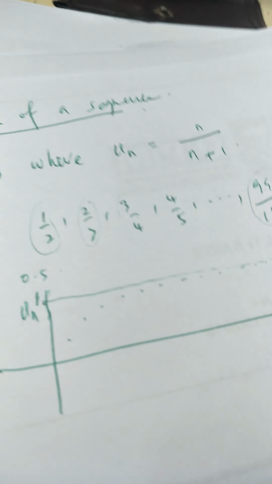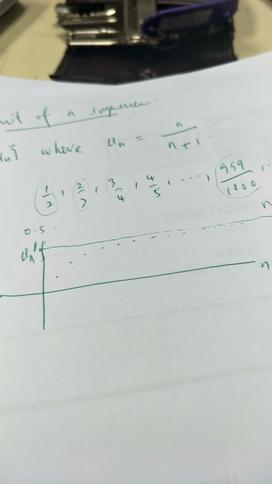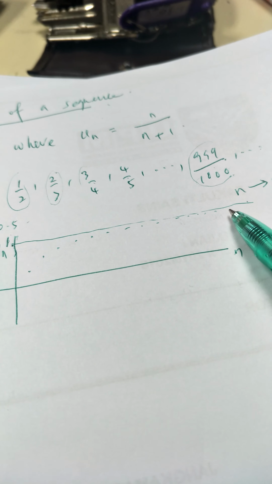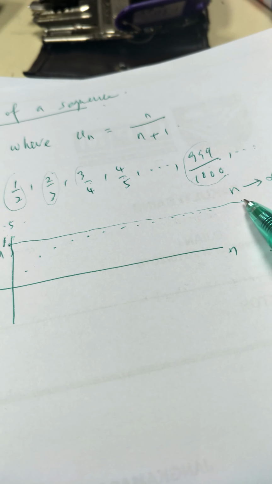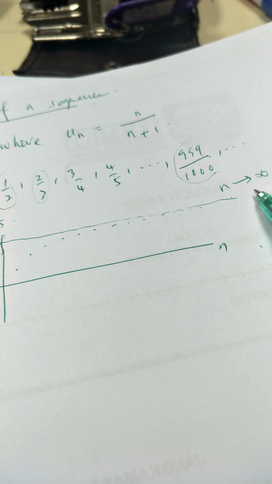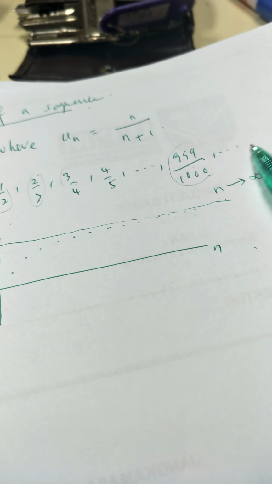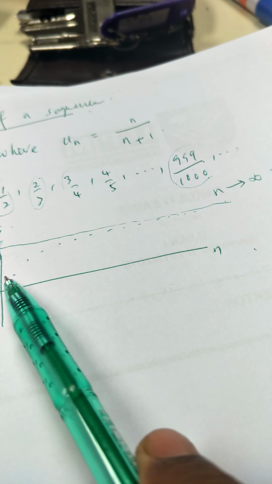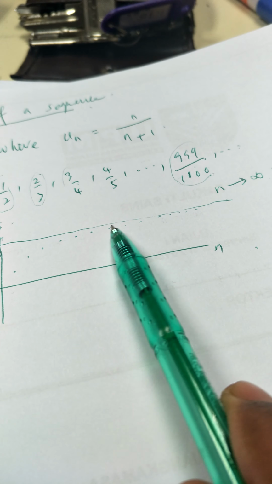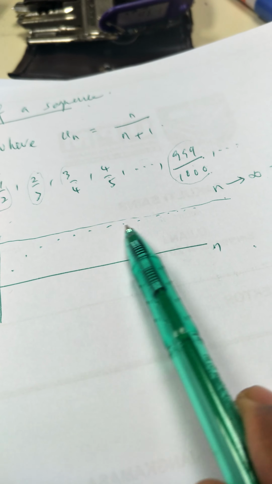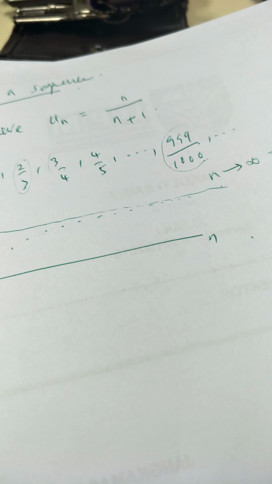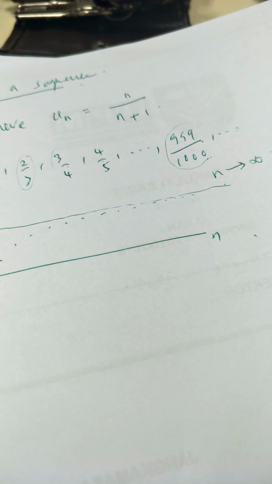Each element of that sequence will not go beyond 1, as you can see here. This means that as n gets bigger and bigger, the elements of u_n approach 1. This is basically the concept of limits.